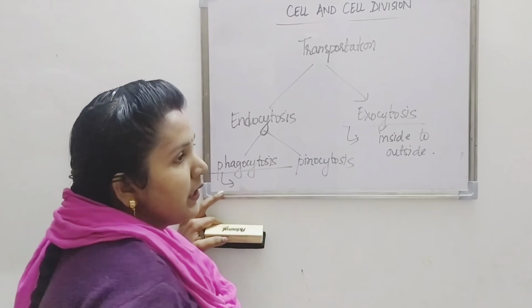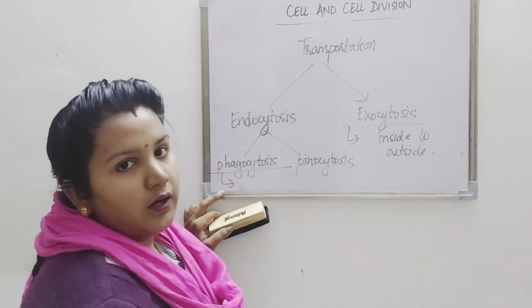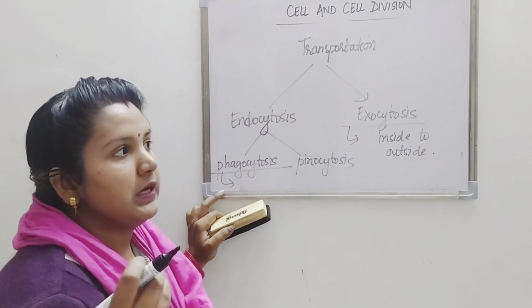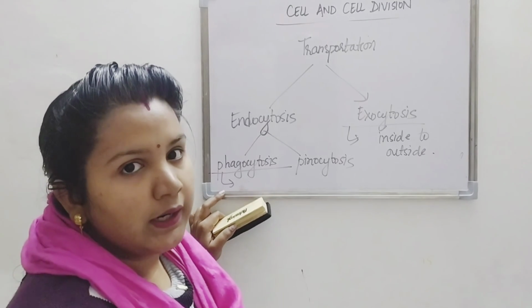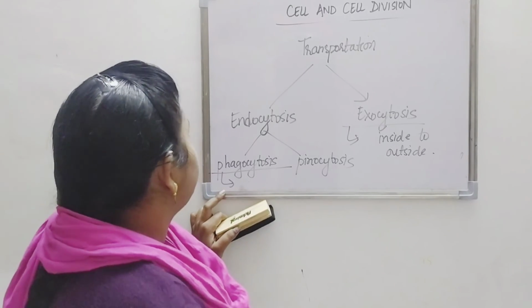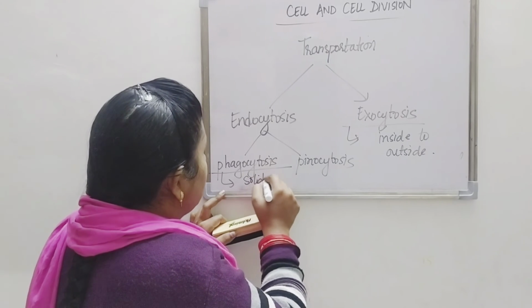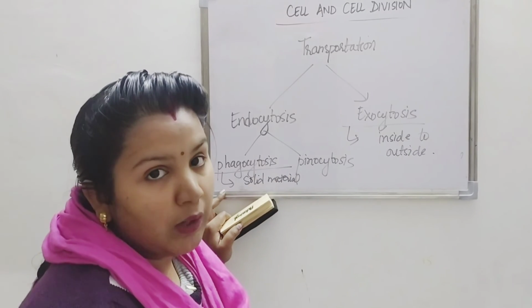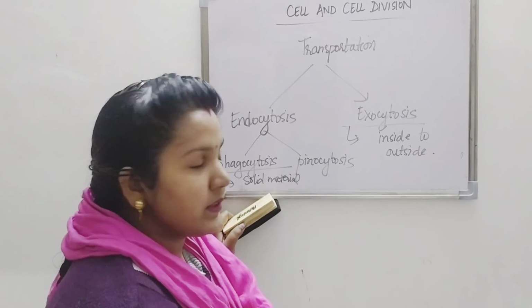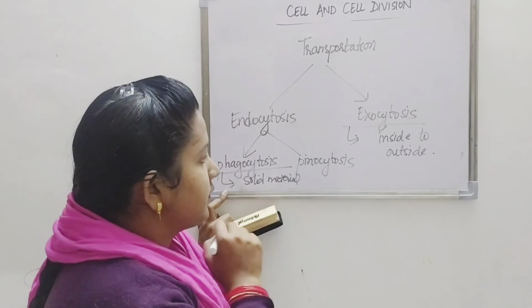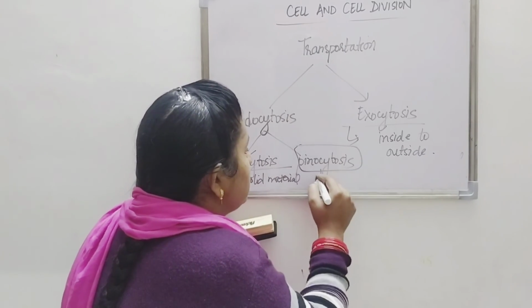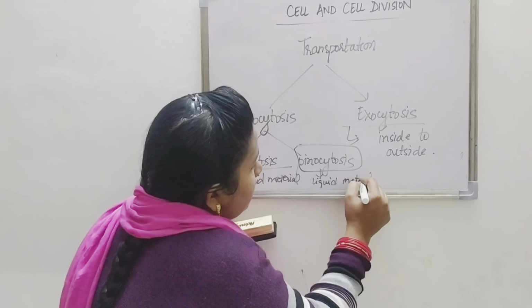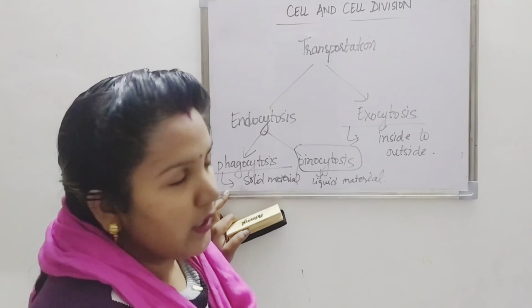Phagocytosis means it engulfs the solid material from outside of the cell and takes that material inside the cell. This is how phagocytosis works. But in pinocytosis, it takes the liquid material from outside of the cell into the inside of the cell.